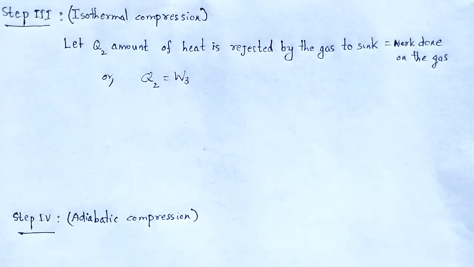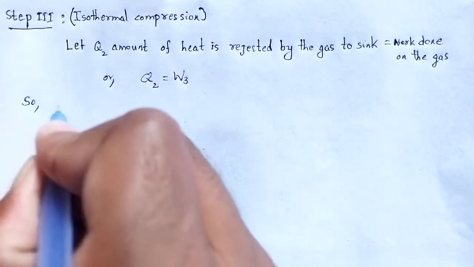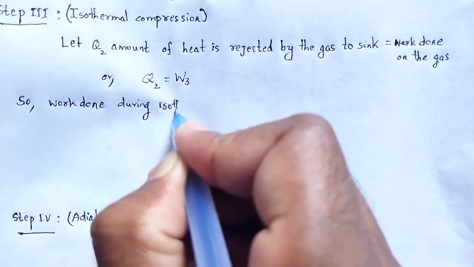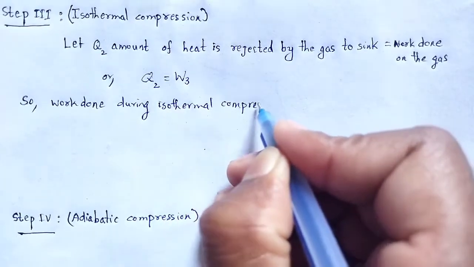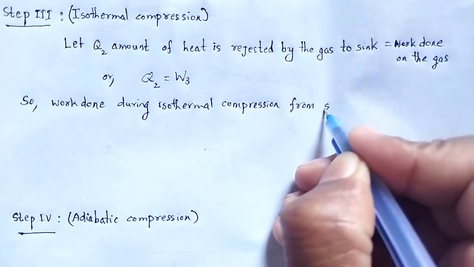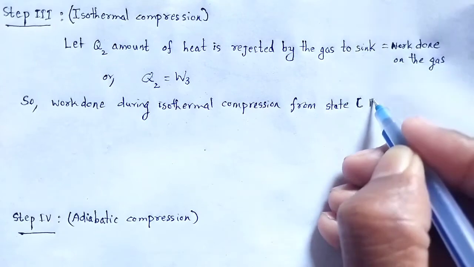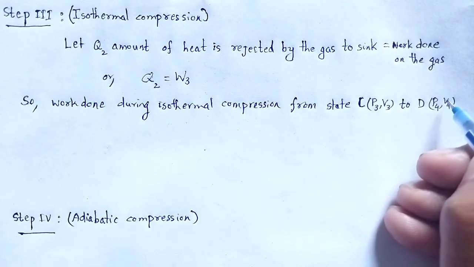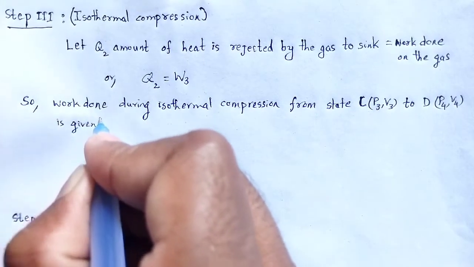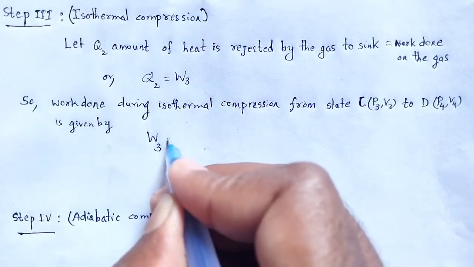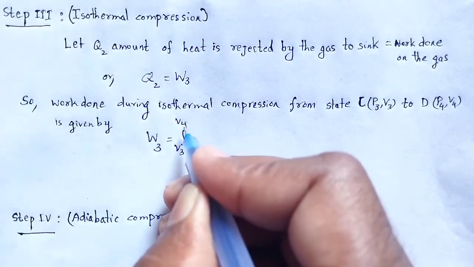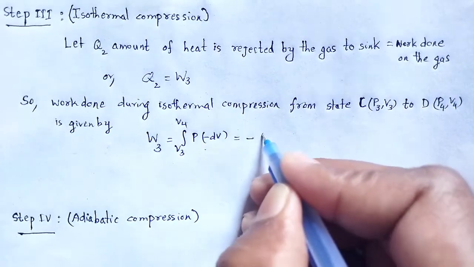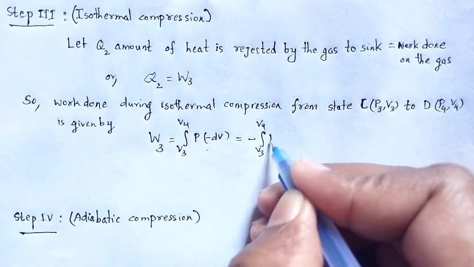Let work done during isothermal compression from state C having coordinate P3 V3 to D having coordinate P4 V4 is given by W3 is equal to integration from V3 to V4 of minus P dV, that will be negative integration from V3 to V4 P dV.